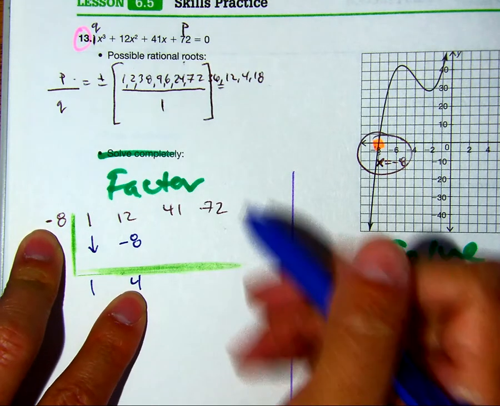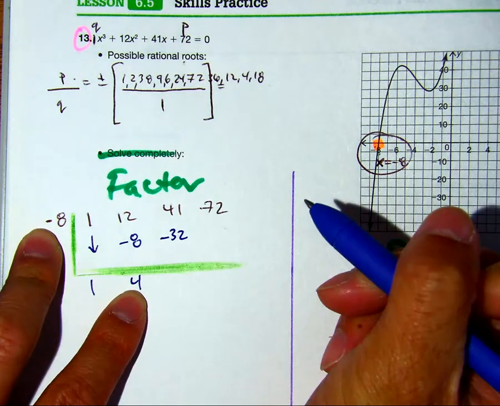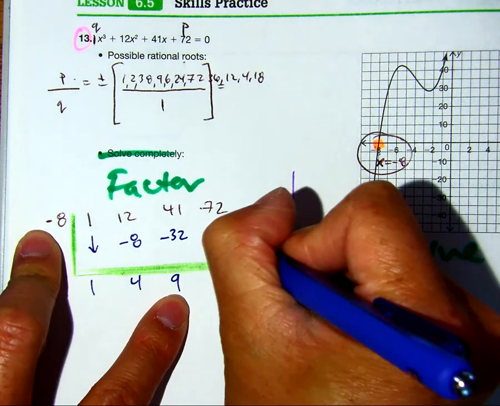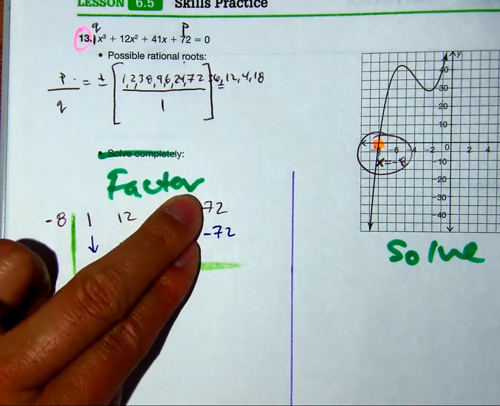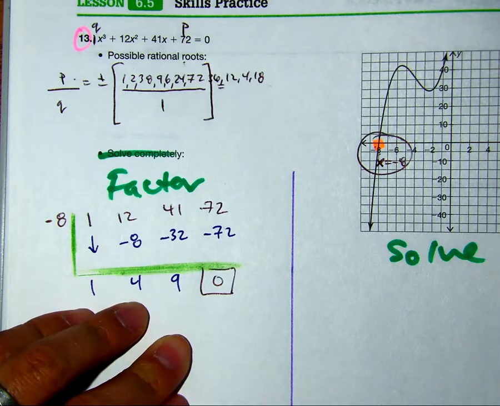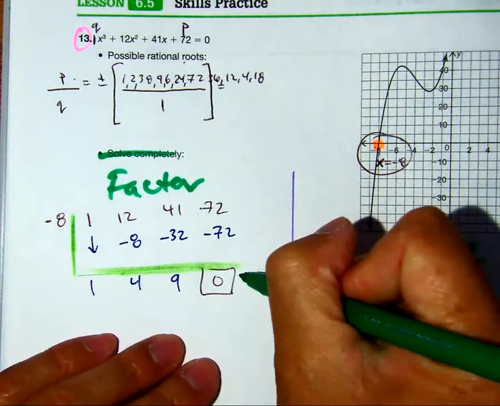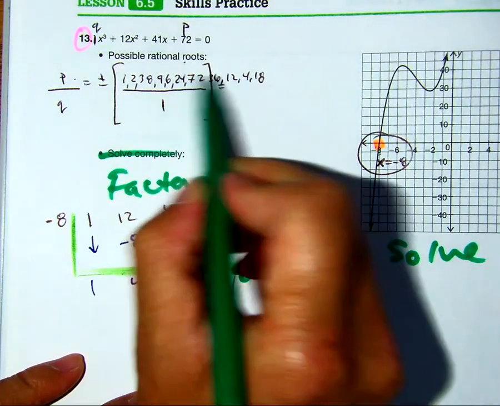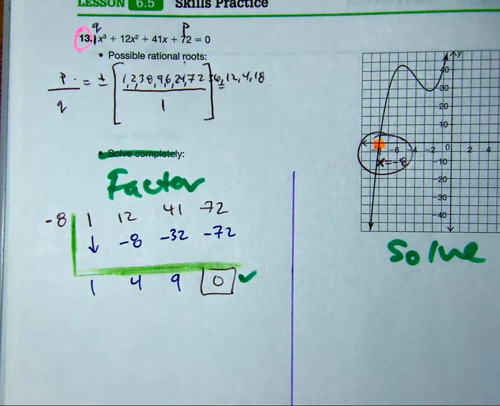Negative 32. 9. Negative 72. 0. This means that it's a factor. X equals negative 8 is a factor. Okay? This is good.